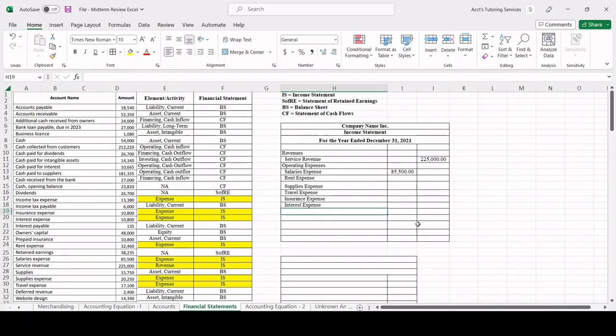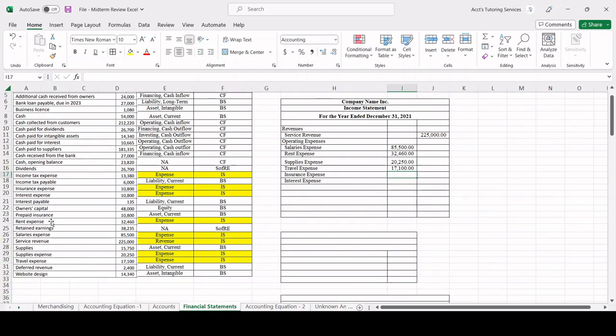So we said rent expense is going to be 32,460. Supplies expense is 2,250. Travel expense is going to be 17,100. Insurance expense is going to be 10,800, and then interest expense is going to be 10,800.